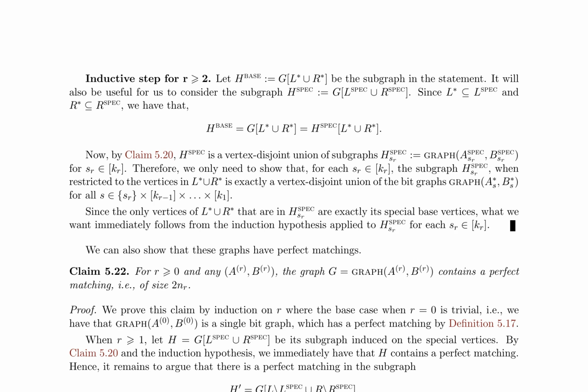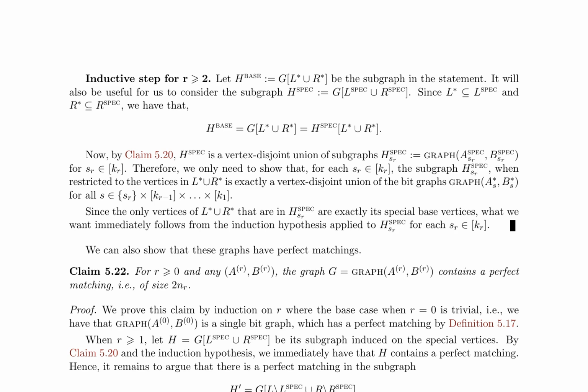It is established that $H_{base} = H_{spec}[L \cup R]$. By claim 5.20, $H_{spec}$ is a vertex disjoint union of subgraphs $H_{spec}^{S_R} = $ graph $A_{spec}^{S_R}, B_{spec}^{S_R}$ for $S_R \in K_R$.